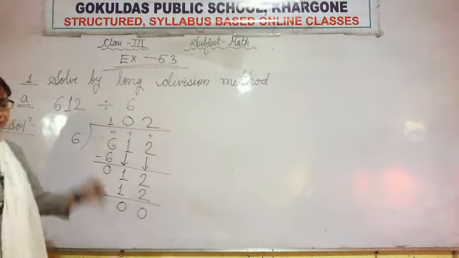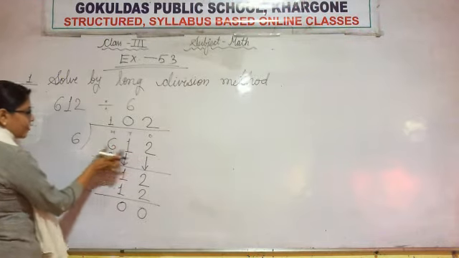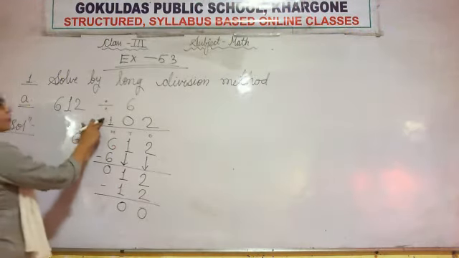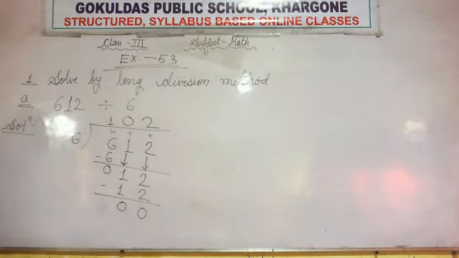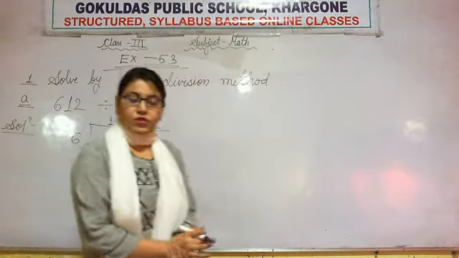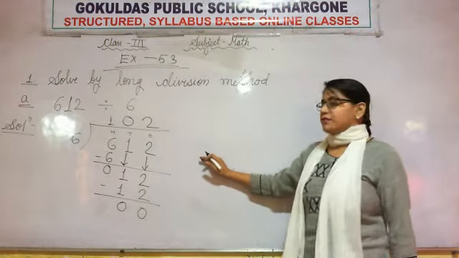Okay students? This is our quotient. Dividend is 612, divisor is 6, quotient is 102, and our remainder is 0. So this is how we can solve by long division method.